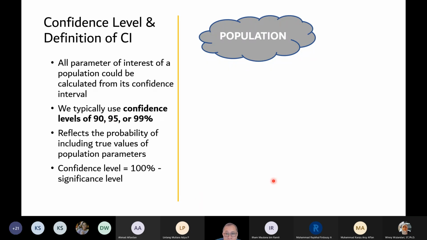So, okay, let me ask you this. When you were a little kid, how did you first perform mathematical calculation? Using what? The very, very first time in your life you performed mathematical calculation, what instrument did you use? Yeah, you used your fingers to calculate, right?